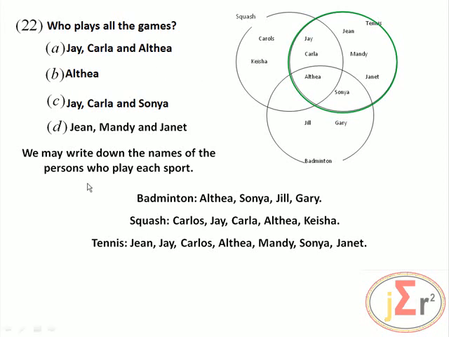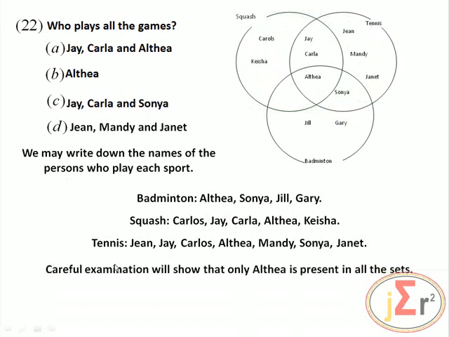So we need to find someone who is in this one, and that person or those persons may be in this set and also this. Careful examination will show that only Althea is present in all the sets.